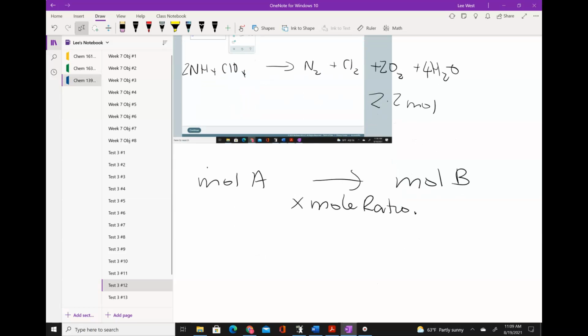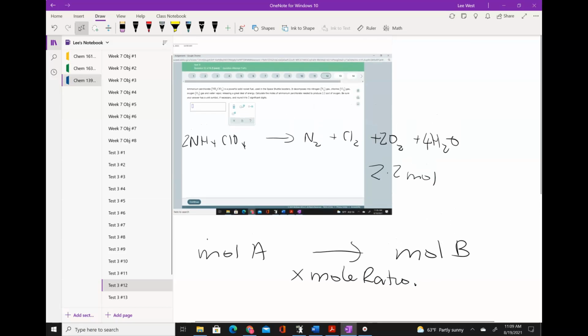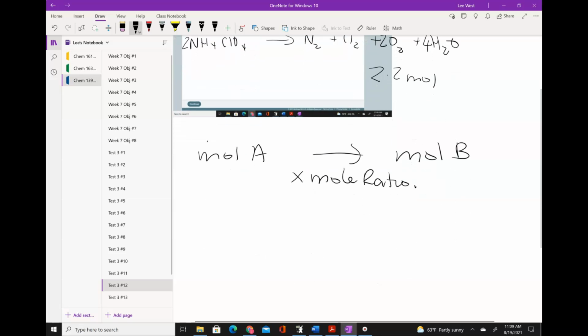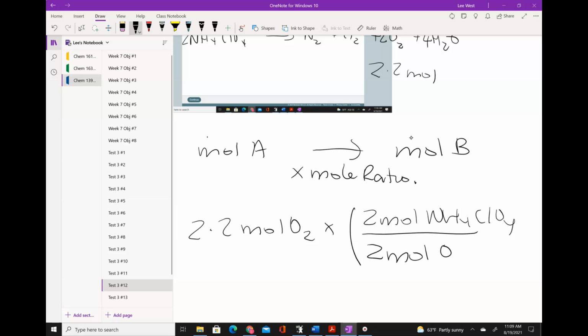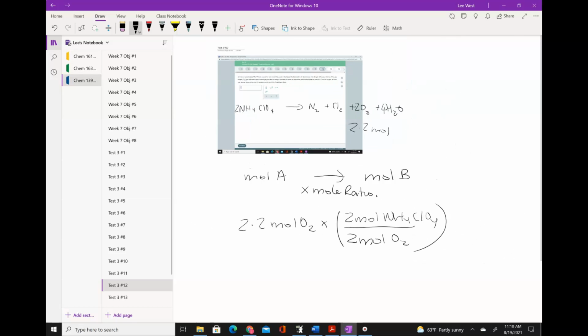We can see here that our mole ratio is quite simple, because for every 2 moles of O2 that are produced, we require that 2 moles of ammonium perchlorate are consumed. So they're actually going to be the same number, aren't they? But let's just see how it works. 2.2 mole of O2 times, and from our balanced chemical equation, we get 2 moles of ammonium perchlorate consumed for every 2 moles of O2 produced.